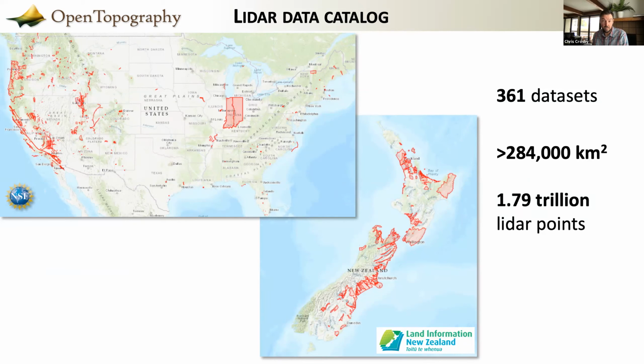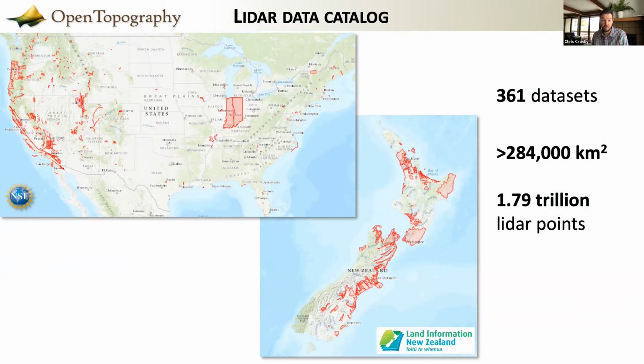The state of Indiana was an early partner of ours and asked us to host their data set. So we've got the 2011, 12, 13 statewide LiDAR data set from Indiana. And then more recently, we started working with Land Information New Zealand, the national mapping agency in New Zealand, and they're using OpenTopography as their distribution platform for their nationwide LiDAR program.